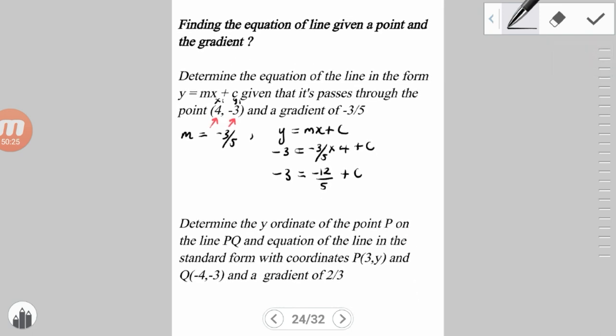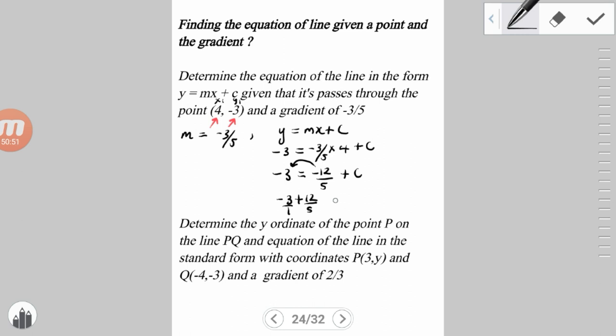Now they didn't really specify as to what format they want it in, so I guess we can leave it in the form y equals mx plus c. You have an option here. You can use the LCM method by transposing the negative 12/5 here. Find the LCM. I don't have a lot of space. I'm just going to use that method. I'm just going to transpose over here. So that's minus 3 plus 12 over 5.